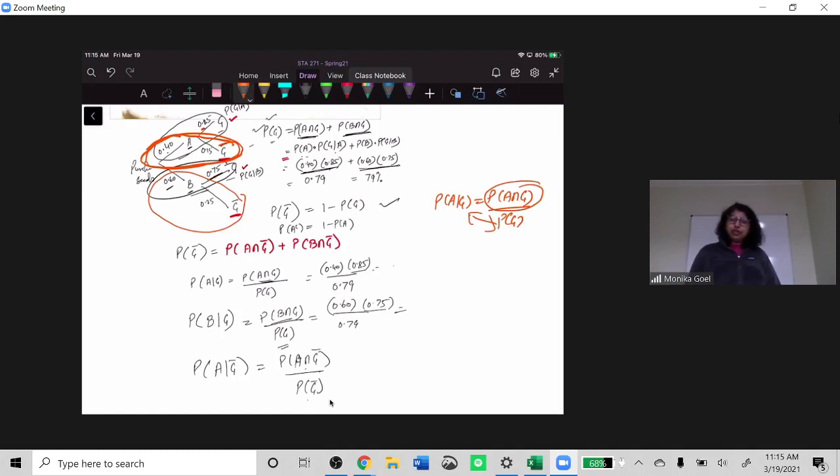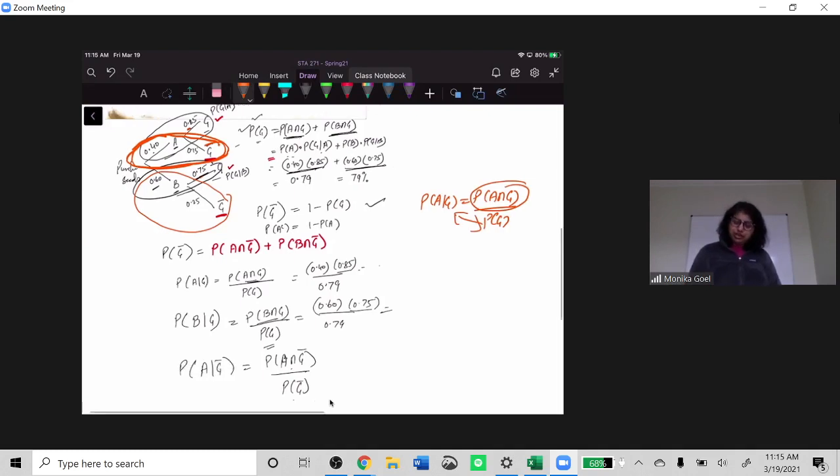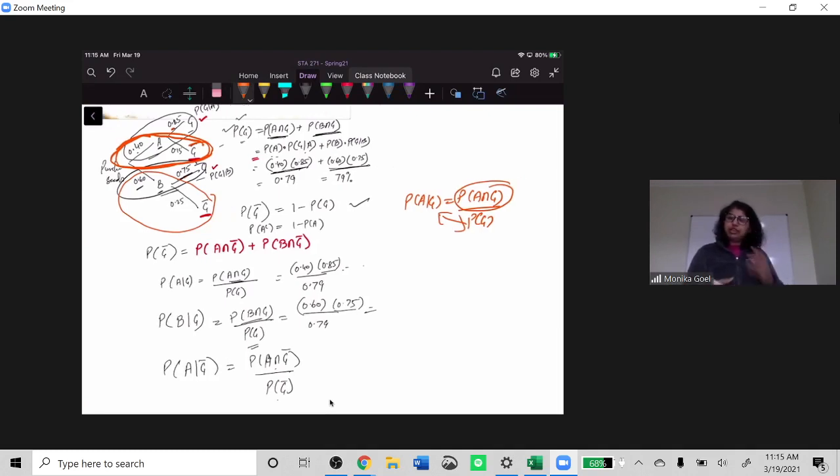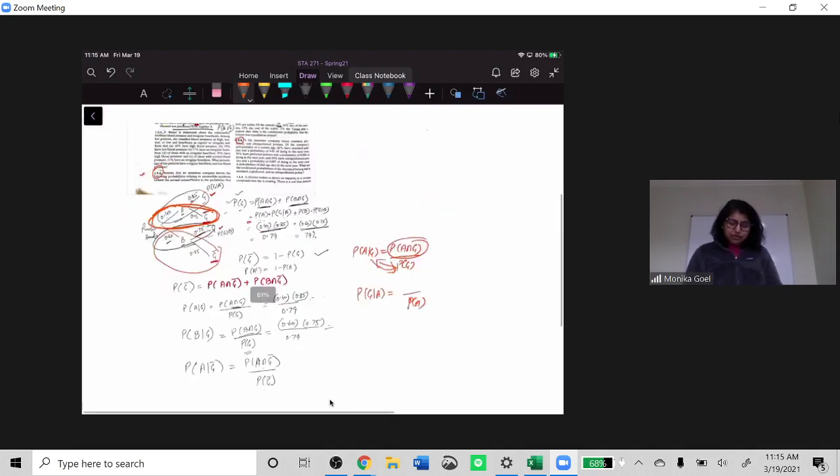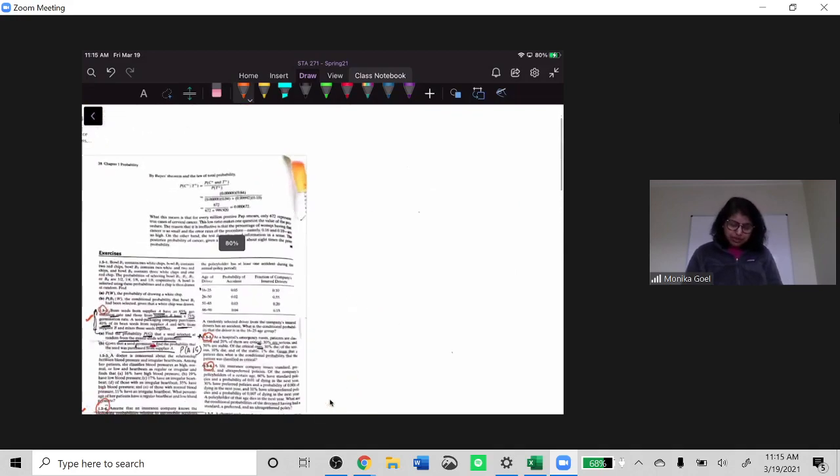Similarly, if you are looking for G intersection A and B intersection G, anything, you can just plug in the formula and the given probability goes down. If it's G given A, then A goes down. So this is one thing I want you guys to understand.